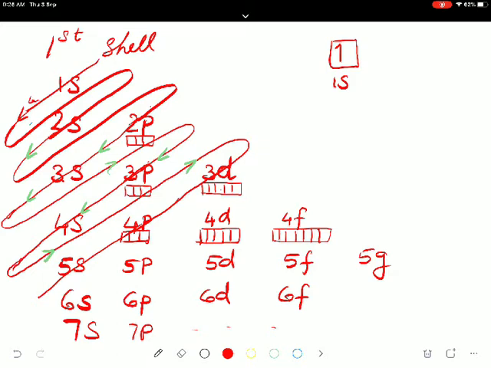In the case of helium, there are two electrons, so the second electron will go here. For hydrogen we will write that the 1s orbital contains one electron. In the case of helium, two electrons are there, so we will write 1s2.